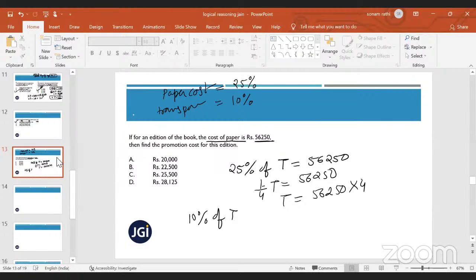56250 into 4 is 2,25,000, right? And 10% of 2,25,000 is option C. No, option B. Yes, 22,500. Option B is the correct answer.